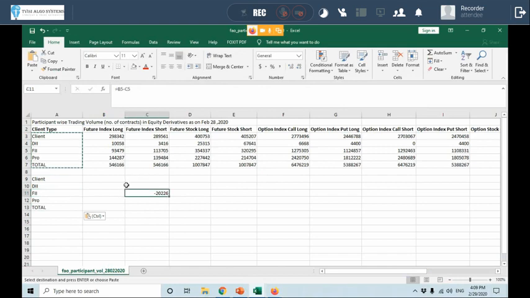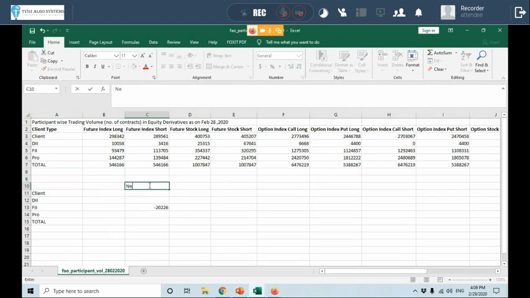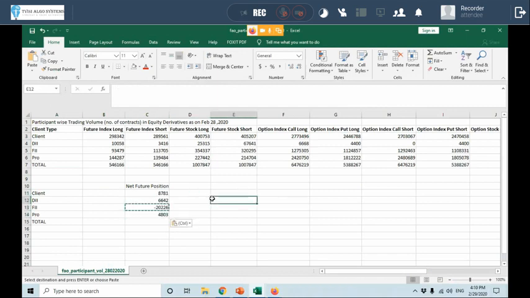Net future position. Now if I copy paste this for all, so clients have bought 8,781 contracts. DII has bought 6,000 contracts. FII has sold and proprietary desk has bought.